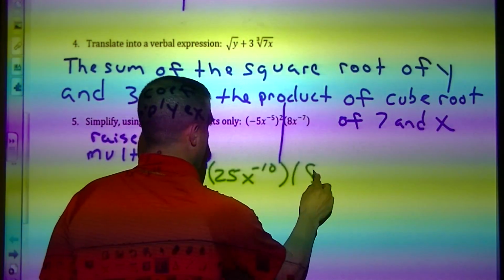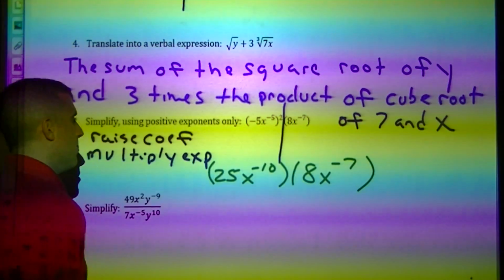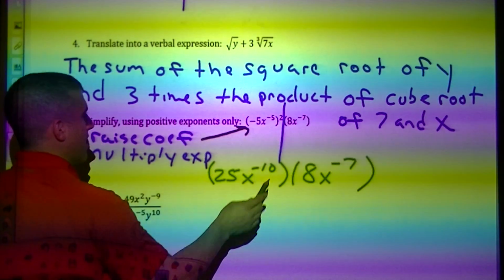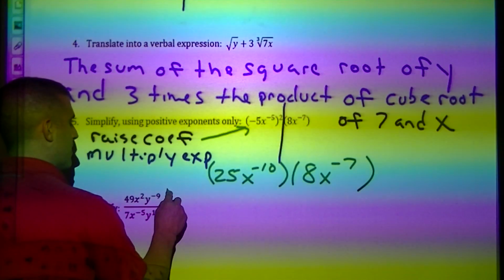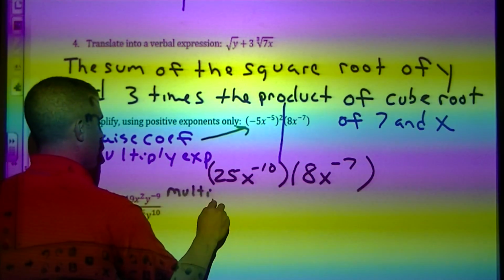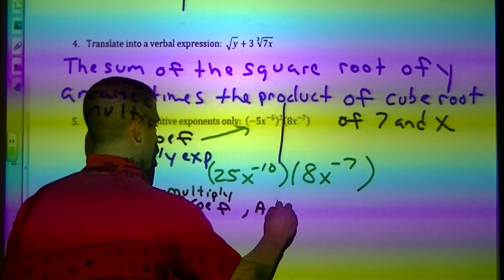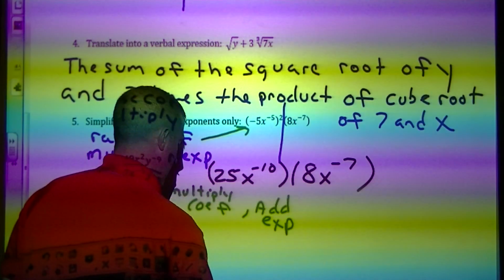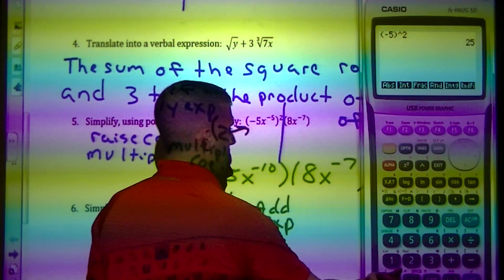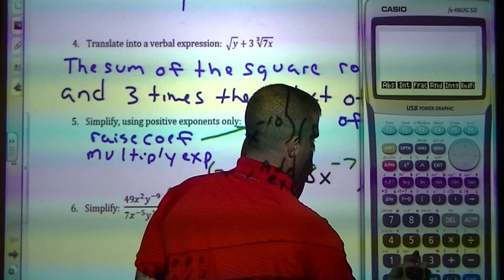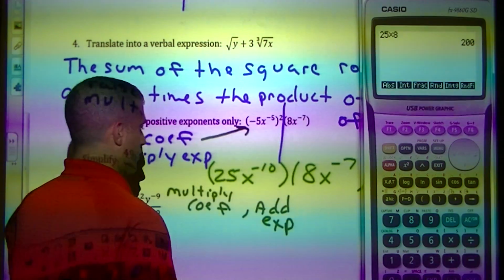Now for this part, I'm going to multiply coefficients and add the exponents. 25 times 8 is 200.